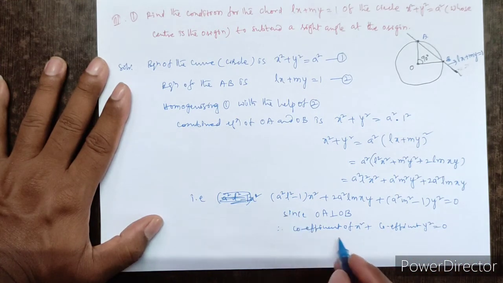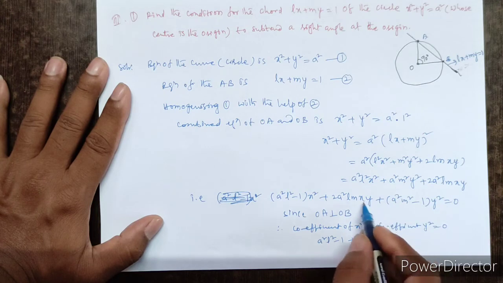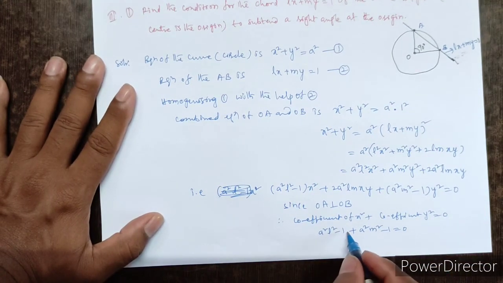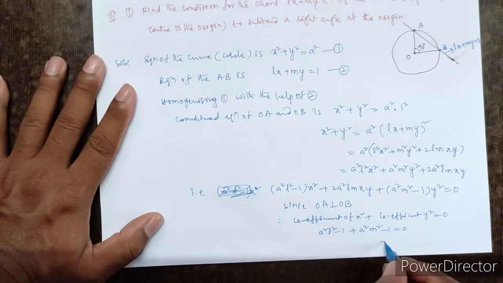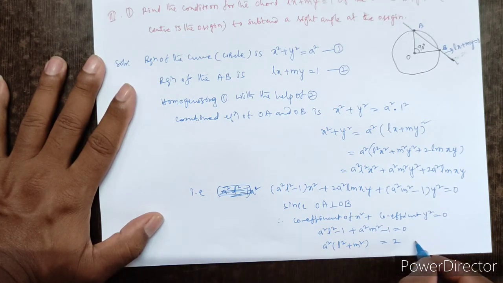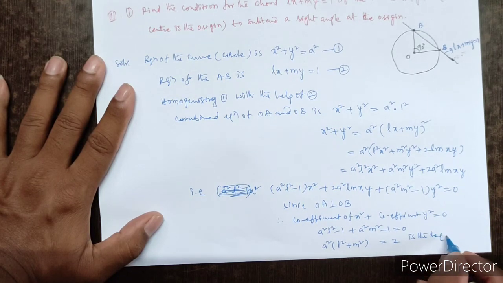Here the coefficient of x square is a square L square minus 1, plus the coefficient of y square, a square m square minus 1, equal to 0. So minus 1 minus 1 is minus 2, taken to the other side as 2. So a square L square plus a square m square, that is a square of L square plus m square equal to 2, is the required condition.